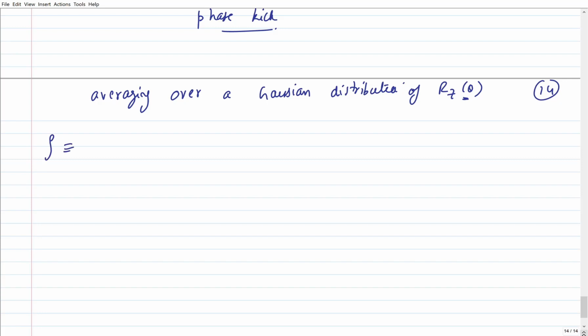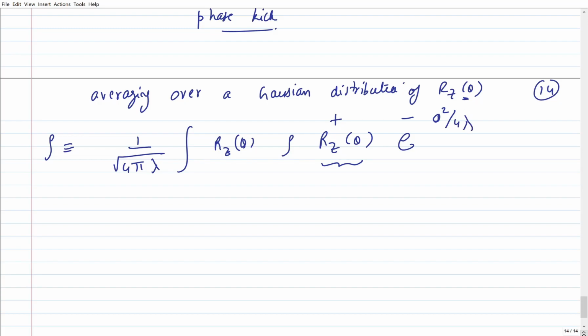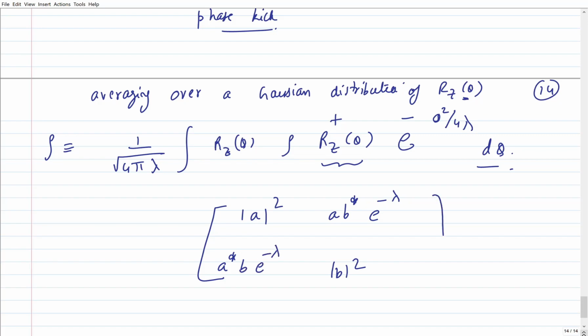So we average the density matrix by the rotation operator, where each of these rotation operators is picked through a Gaussian distribution, and integrate over whole theta to obtain a density matrix with the following elements. So this is the exponential decay.